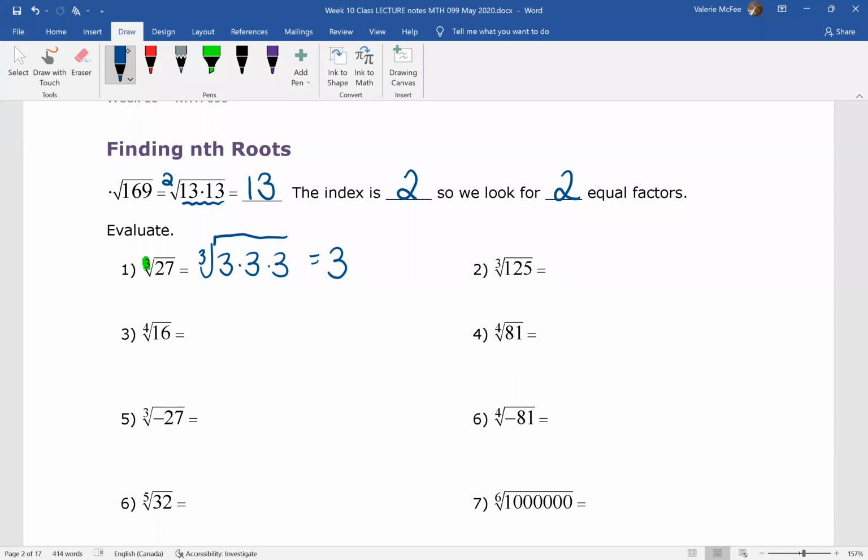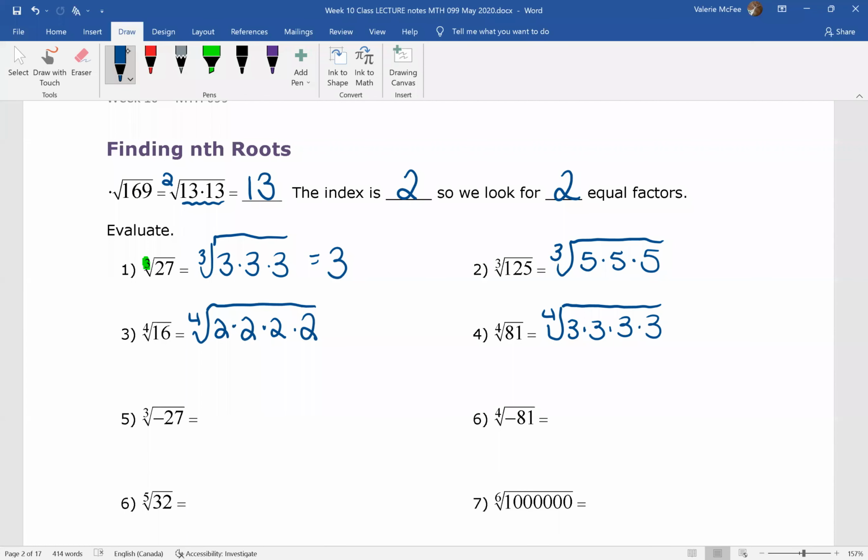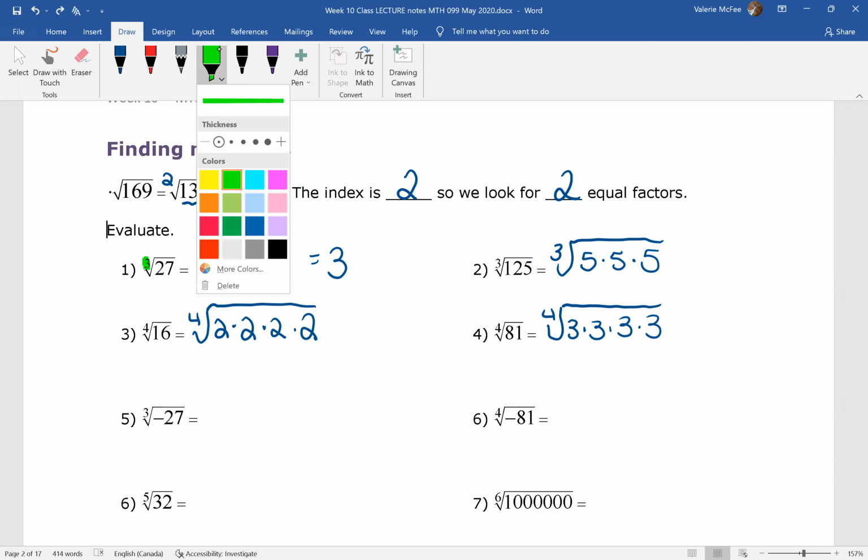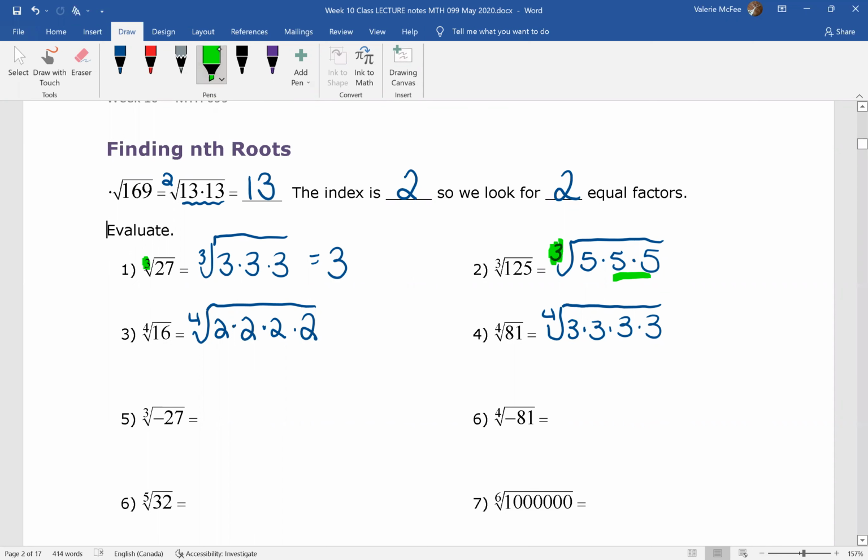Why don't you pause your video and try questions 2, 3, and 4. For question 2, we see that the cube root of 125 is equal to the cube root of 5 times 5 times 5. We have an index of 3 and 3 equal factors.